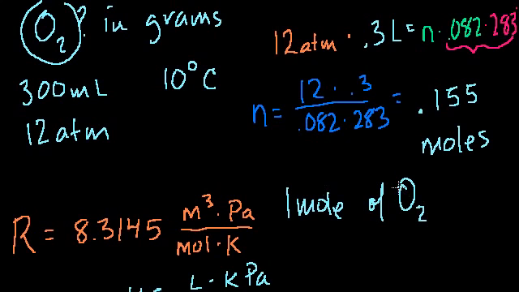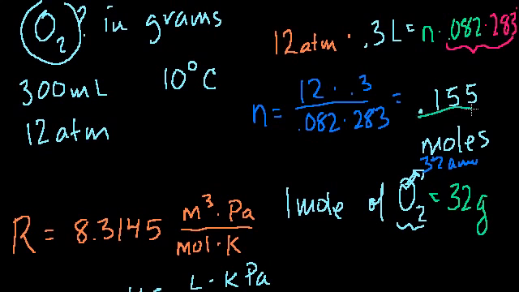Well, we know oxygen's atomic mass is 16. One molecule of gaseous oxygen has 2 atoms in it, so it has an atomic mass of 32 atomic mass units. So its molar mass, its mass per mole, is going to be 32 grams. Now we don't have 1 mole.